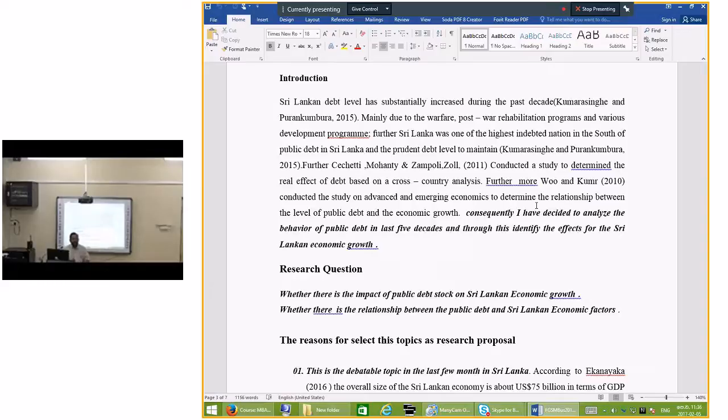1991 to 2000, there is one government. 2001 to 2005, one government. 2005 to 2014, another government, and 2014 to 2017. Likewise, there is validity, and you can present that data as your analysis.